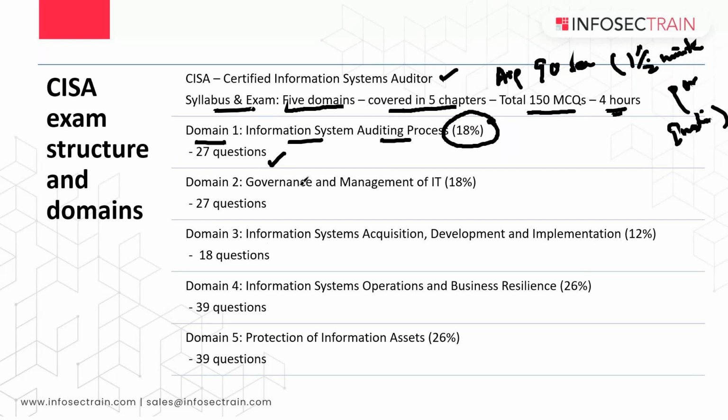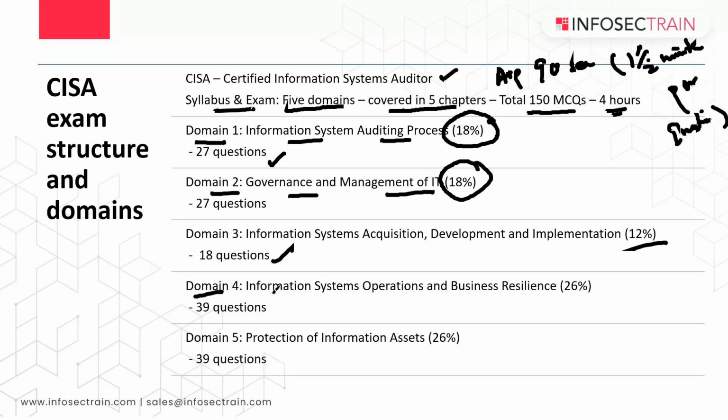Then domain 2 is governance and management of IT, which carries again a weightage of 18%, which means another 27 questions from this domain. Then we have got domain 3, which is the information systems acquisition, development, and implementation, carrying a weightage of 12%, which is 18 questions.